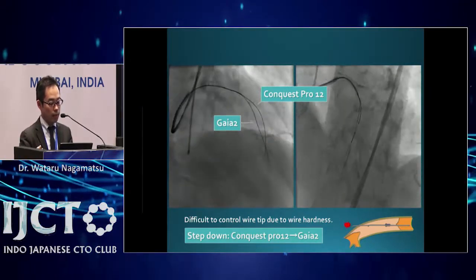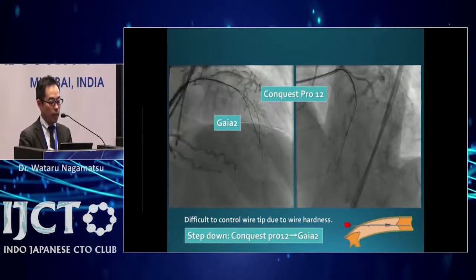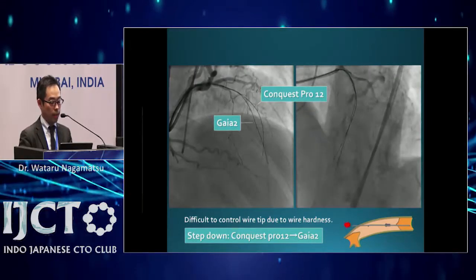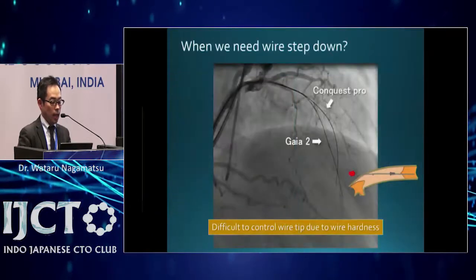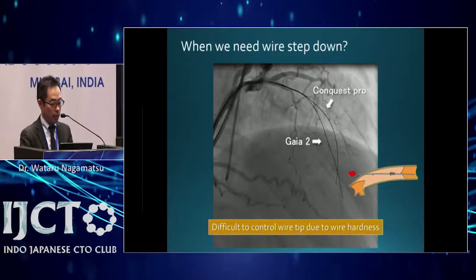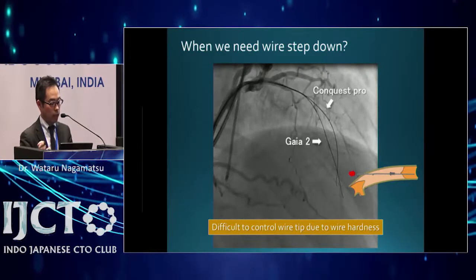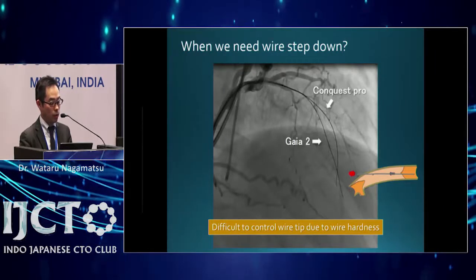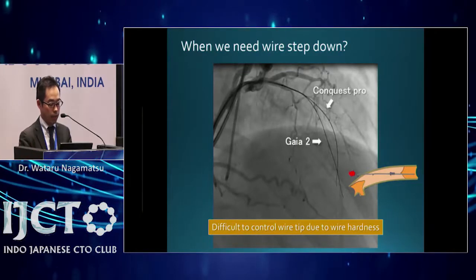So this time I decided to change to the step down technique, from the Conquest wire to the Gaia Second wire, and finally succeeded. When we need a wire step down, if you feel it is difficult to control the wire tip due to the wire hardness, so very difficult to control the deflection, please step down the wire.